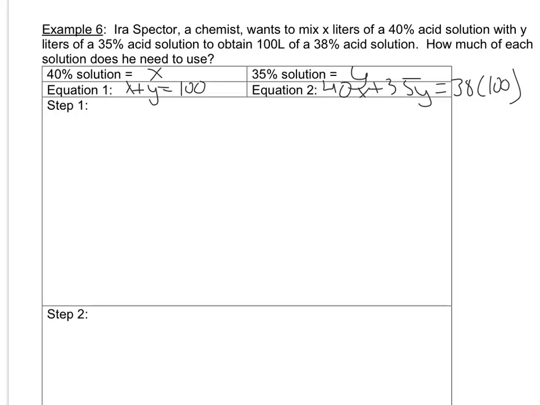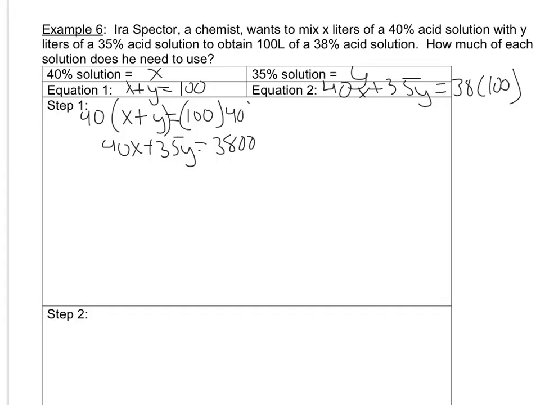So now, if we line these up, you get x plus y equals 100, and then you have 40x plus 35y equals 3,800, because I multiplied by the 100. So I'm going to get rid of the x's, so I'm going to multiply this by 40, and I would get 40x plus 40y equals 4,000.